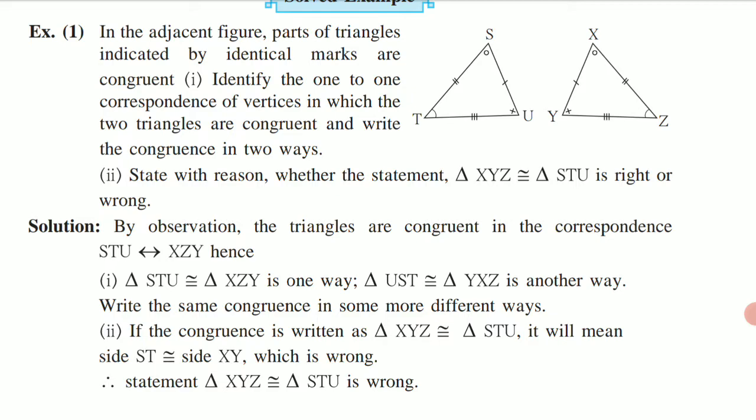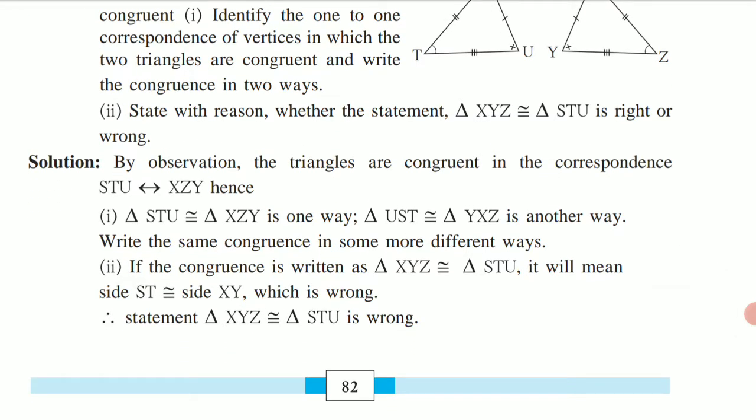Write the same congruence in some more different ways. Second point, if the congruence is written as triangle XYZ congruent with triangle STU, it will mean side ST is congruent with side XY, which is wrong.